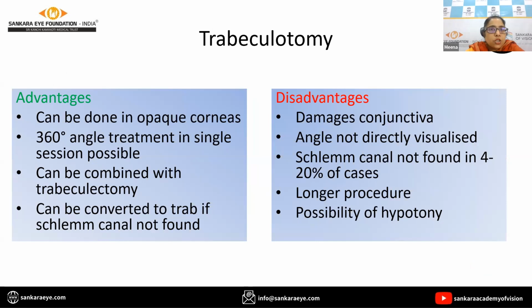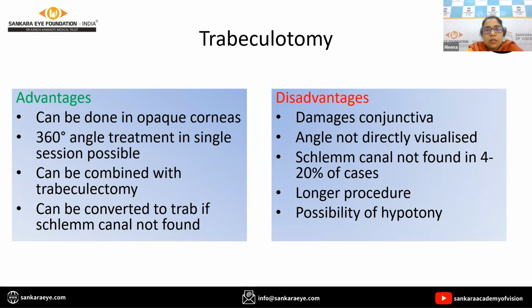Now, what are the advantages of trabeculotomy? It can be done in opaque corneas. As I mentioned, goniotomy may not be possible in hazy corneas. A 360-degree angle treatment in a single session is possible. Many a time it is combined with trabeculectomy, and it can be converted to a trab in case we miss finding the Schlemm's canal.